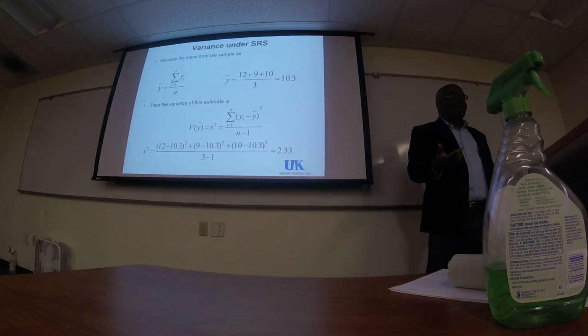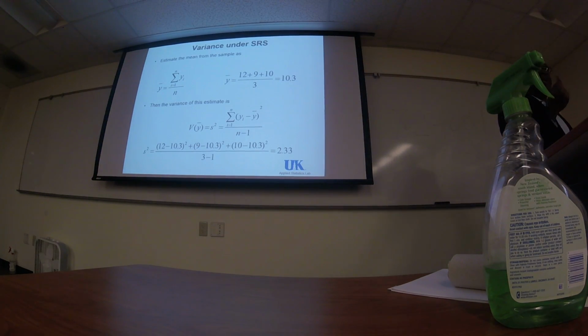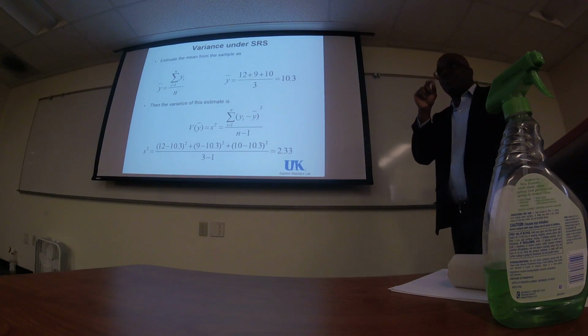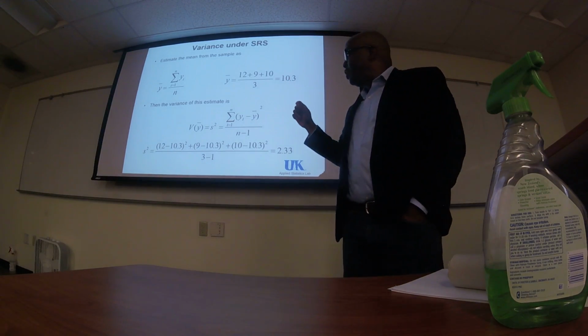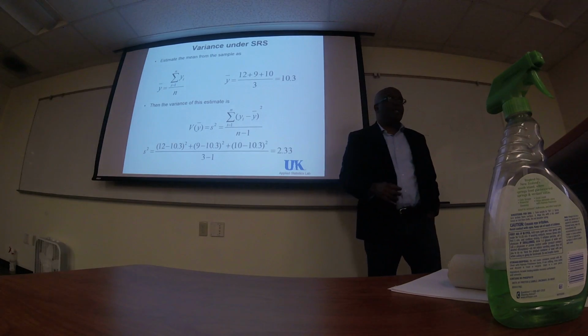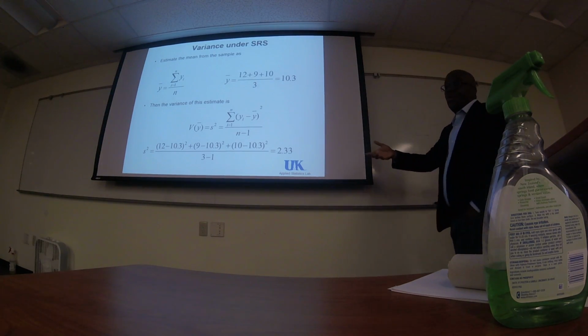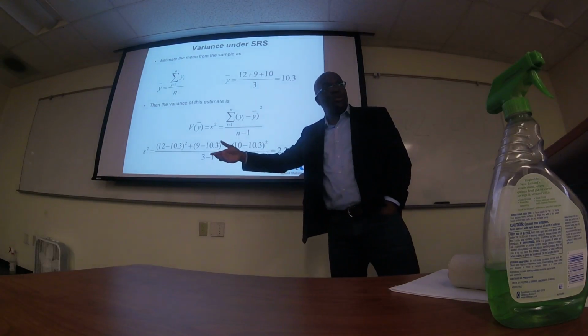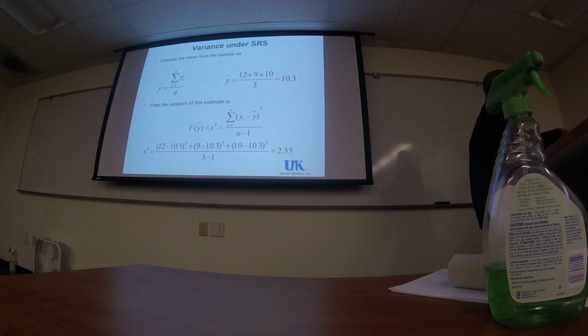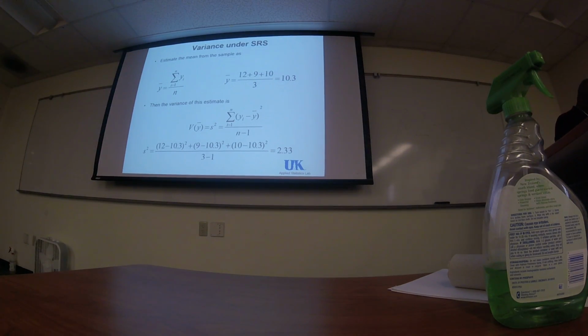And the variance is the difference between each outcome of each observation and the mean, squared, divided by the number of observations minus 1. We know all our programs will do that for us. We know how to calculate the sample this way.